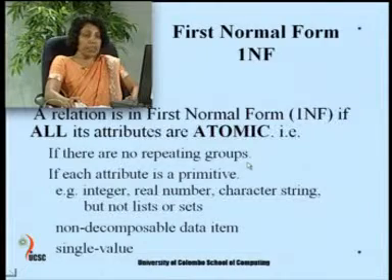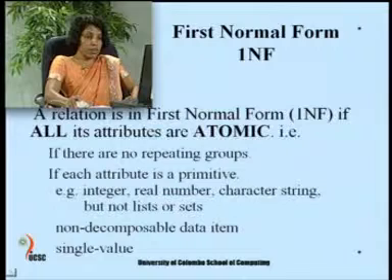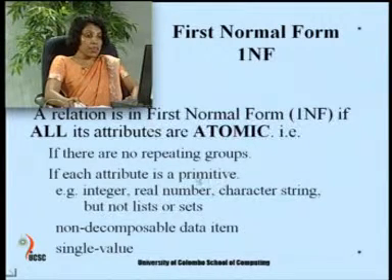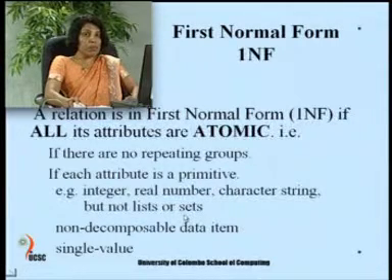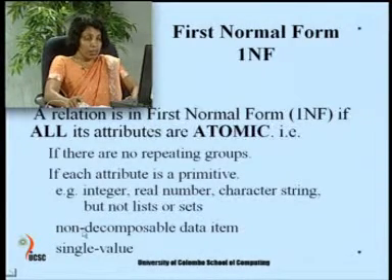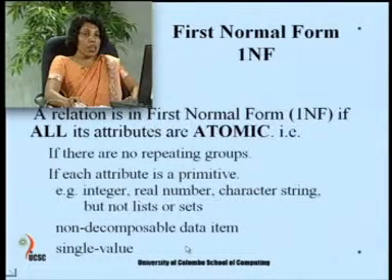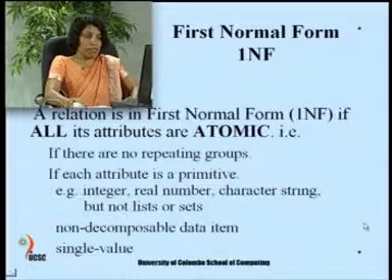There should not be lists or sets, but with respect to the original relation, you could see that there were repeating groups with respect to part numbers, like a set of parts for a particular purchase order. When a relation is in first normal form, there should be non-decomposable data items, and each data item should have a single value.